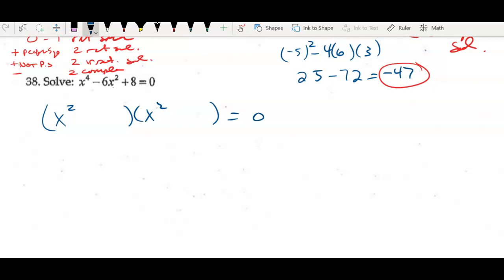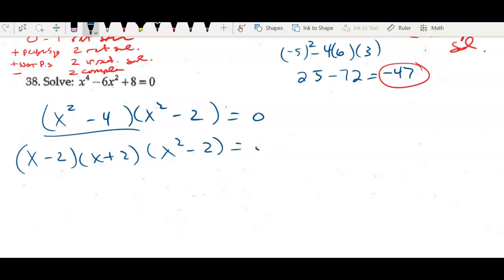That's all. You still need two factors of 8 that add up to -6, -4, -2. Ah, but wait, that can factor further. X minus 2, x plus 2. That cannot. That stays x squared minus 2. The reason is that is not a perfect square, so it can't split up.